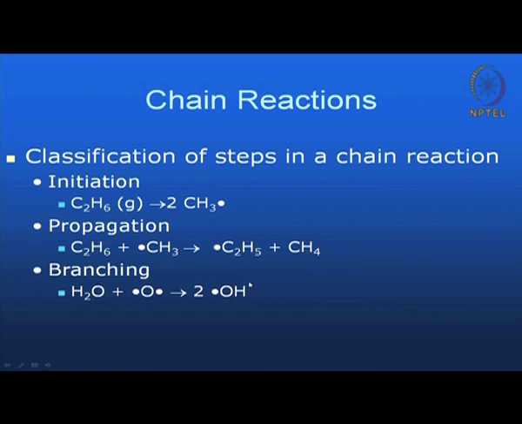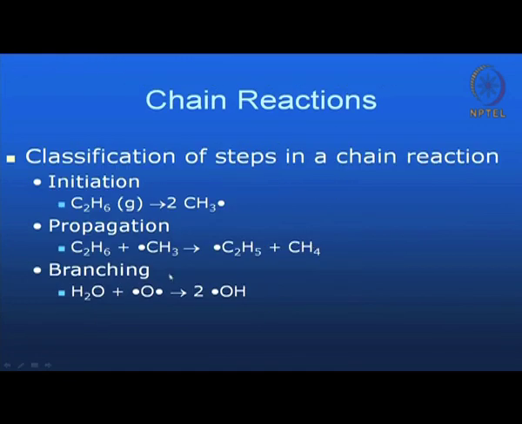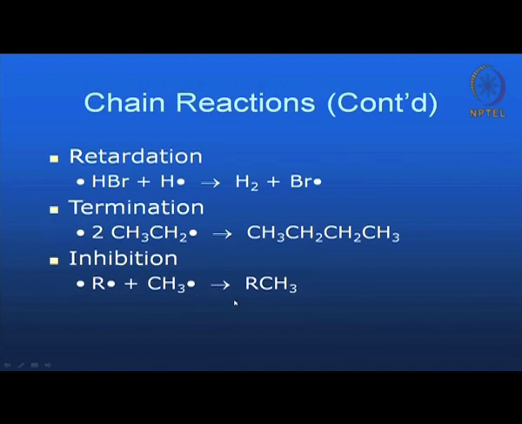Branching, as usual, is a branching situation. This is one example of branching. Retardation, as I told you, if more HBr is produced, it is the retardation that will retard the reaction.